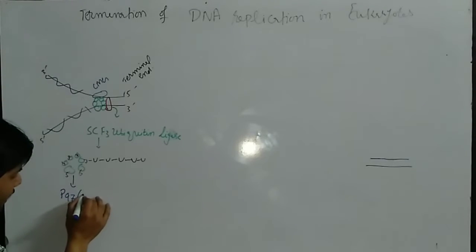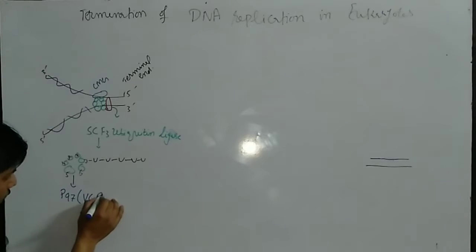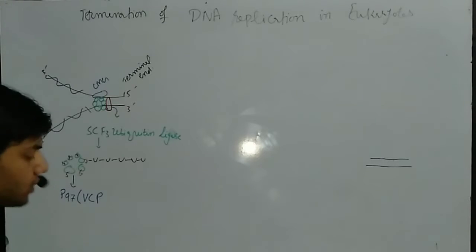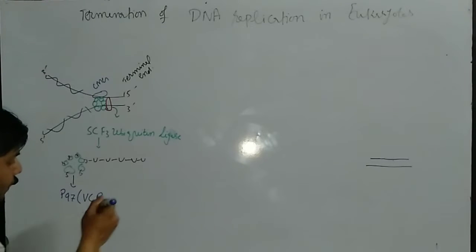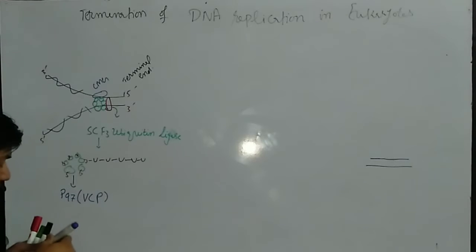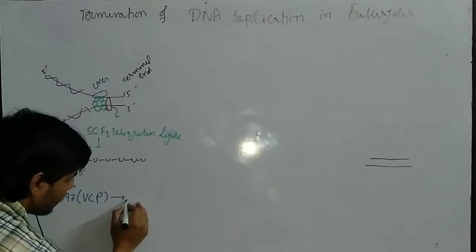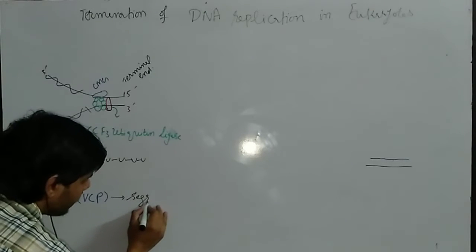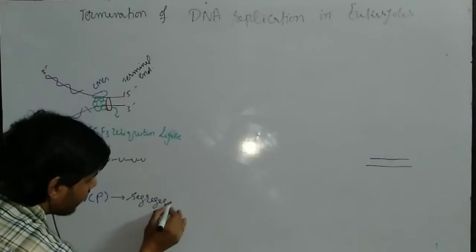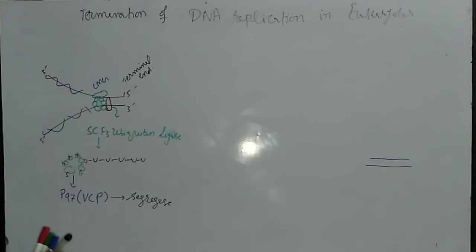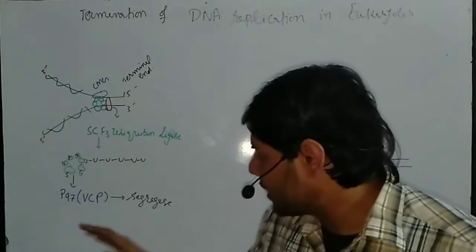This P97 is also called VCP, valosin containing protein. Now this valosin containing protein is actually a segregase enzyme. What is the function of this segregase enzyme?